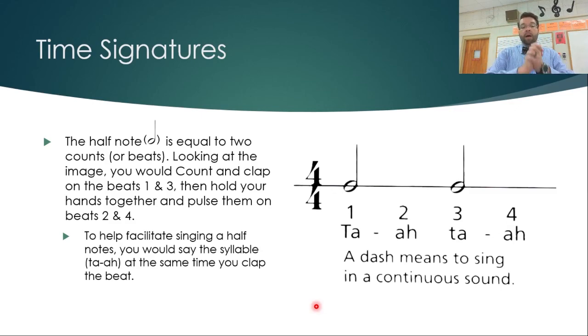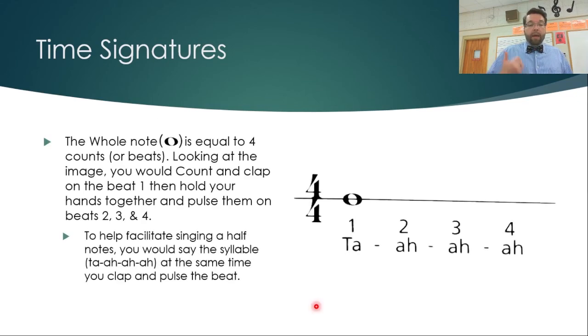Ta, ta. And we would pulse those held pitches there, okay? So you can help to sing those like that. Now, whole notes, you would hold that vowel all the way through. Ta. If I were to clap and count that, it would be 1, 2, 3, 4. And you would hold the beats like that, okay?